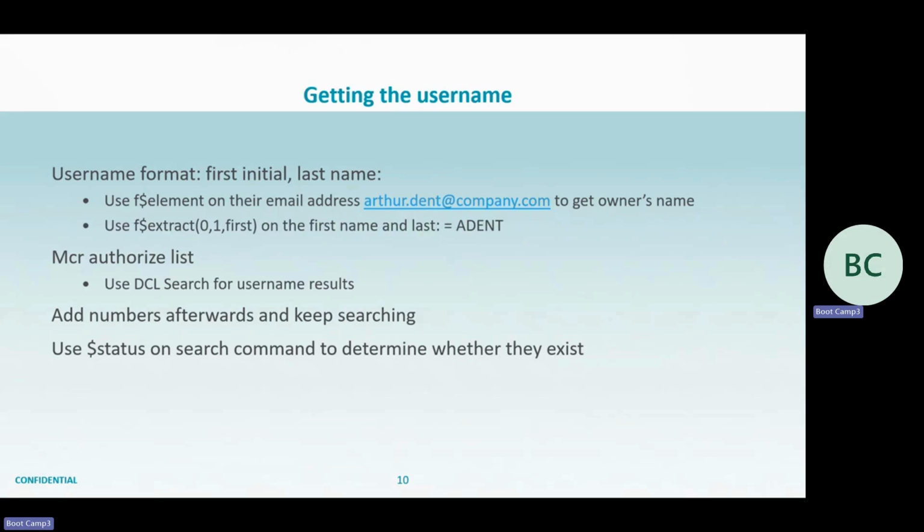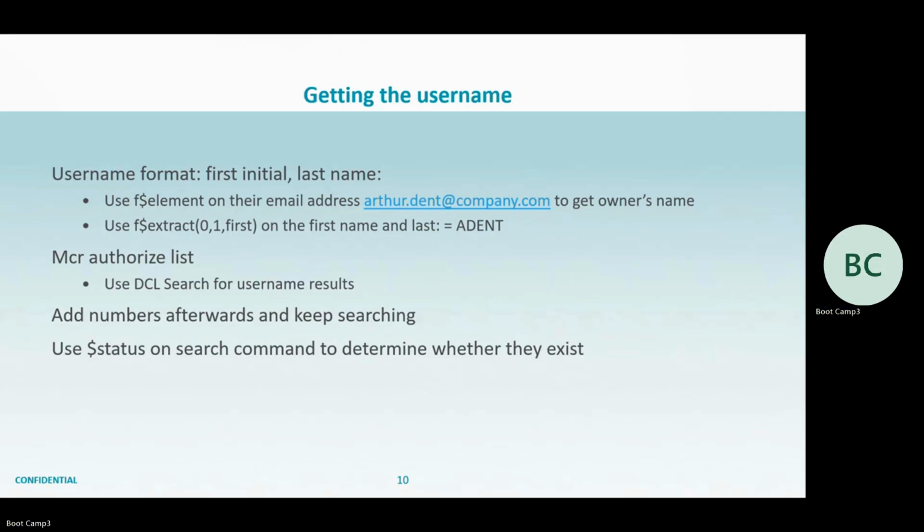And then, as I said, after they enter the username, I just use the $ELEMENT lexical to get the user's first and last name. Do some extracting on that, again with the lexicals. And then for the searching, I just used the DCL SEARCH command.